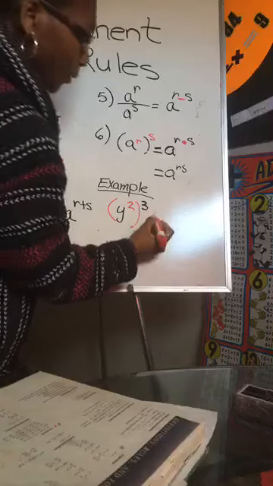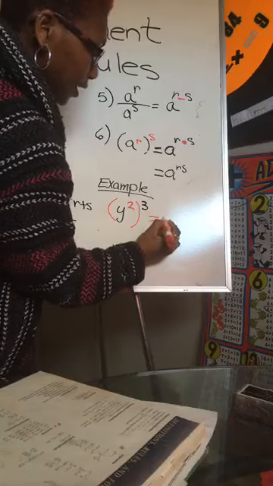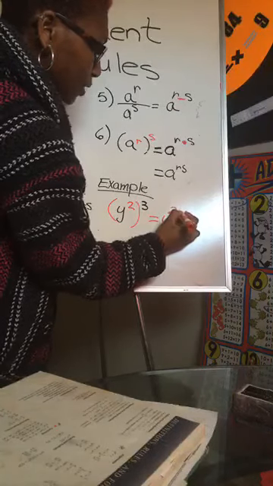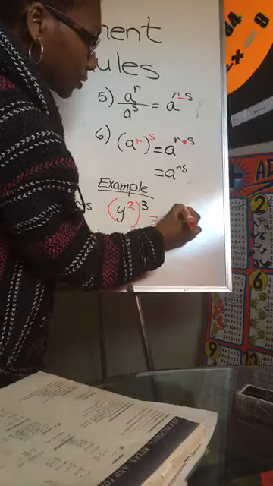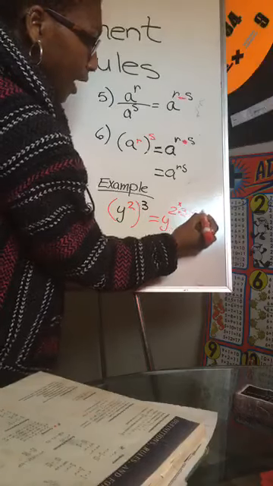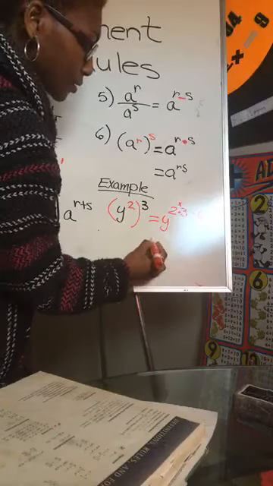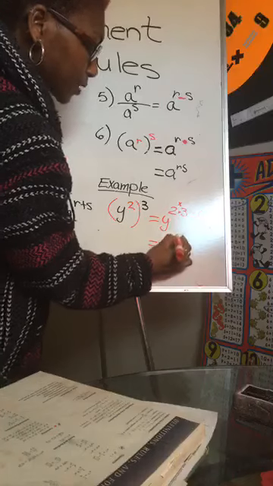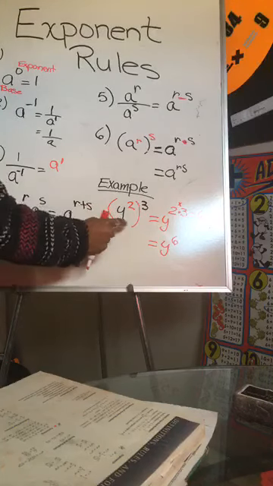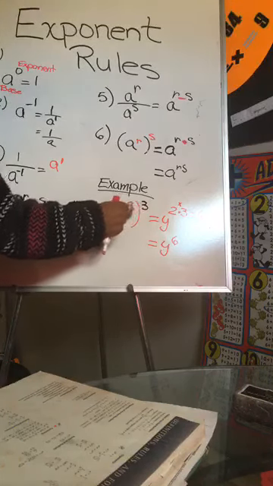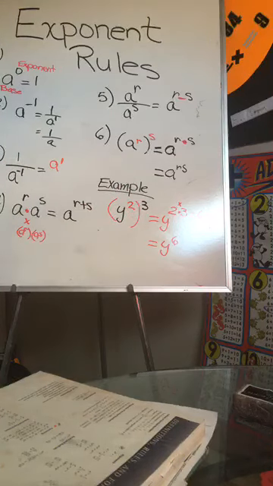So that is equal to y to the 2 times 3. That means we have to multiply. We can use a dot or an x. And 2 times 3 is 6. So when we rewrite it, it's y to the 6th power. So when you see a variable raised to a double exponent, you must multiply those two exponents. That is the 6th rule.